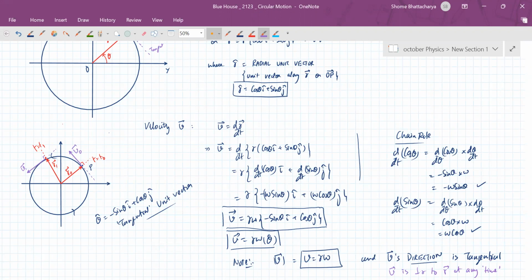But up to velocity, the formulae are the same. The difference is that in uniform, v is constant in magnitude; in non-uniform, v becomes variable. And that's because of the change in omega, right? Yes, because omega is variable in non-uniform, whereas in uniform, omega is constant in magnitude.